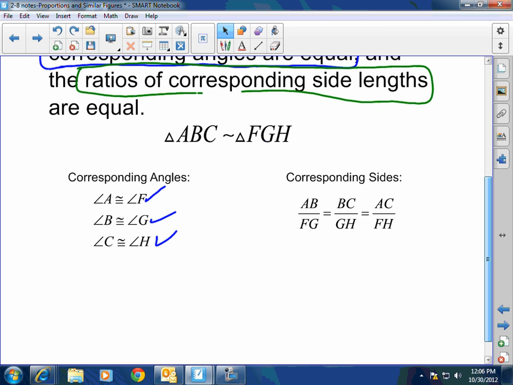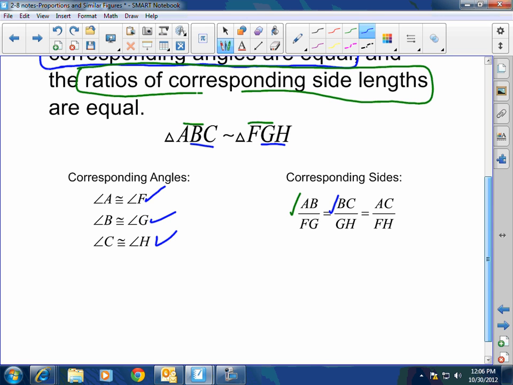Corresponding sides is almost as easy. AB corresponds to FG, first two letters, first two letters. BC, second two letters, corresponds to GH, second two letters. So BC is going to be proportional, a ratio, to GH.